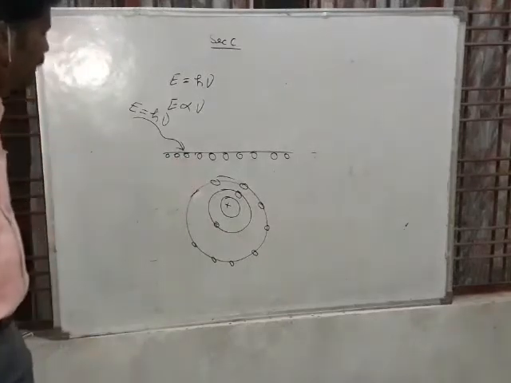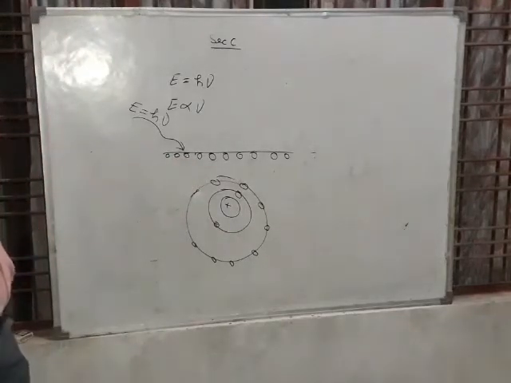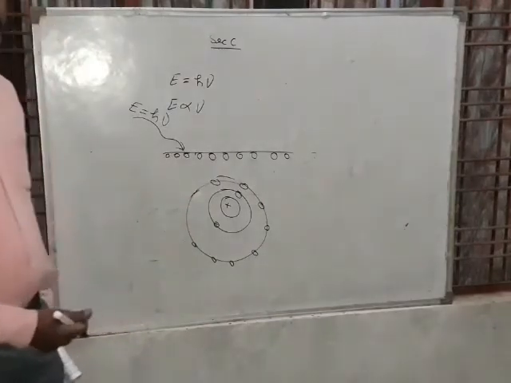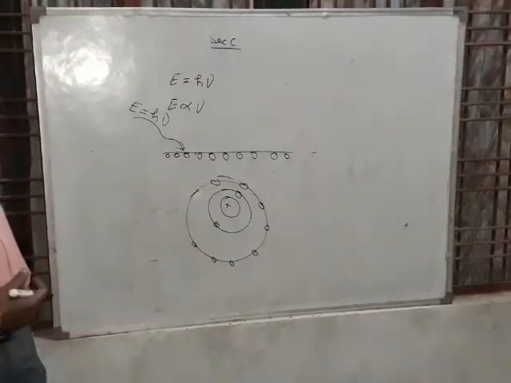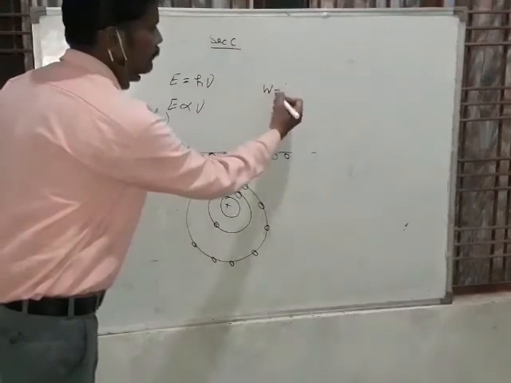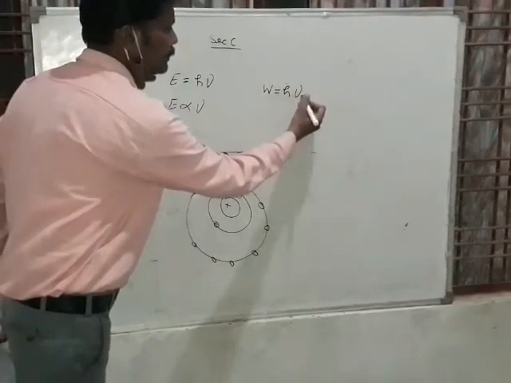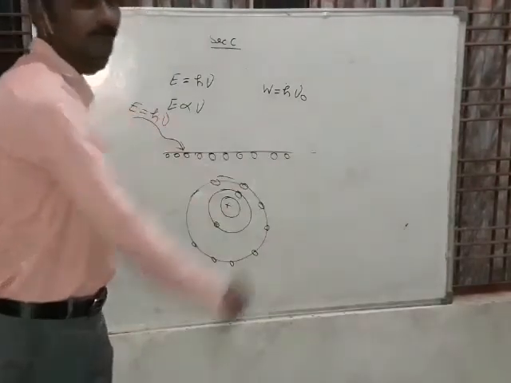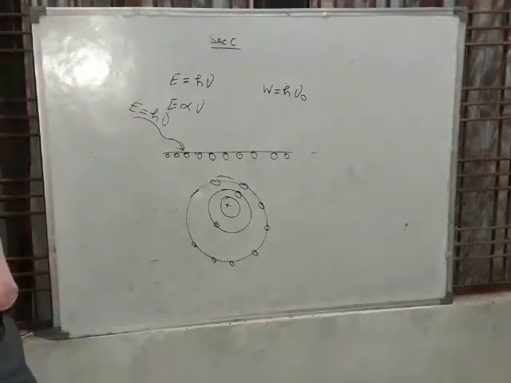A minimum energy is required to emit this electron from the surface. This minimum energy is known as the work function of the metal. It is denoted by W. W is equal to h nu naught. It is the minimum energy, and nu naught is the minimum frequency which is required to emit one electron from the metal surface.